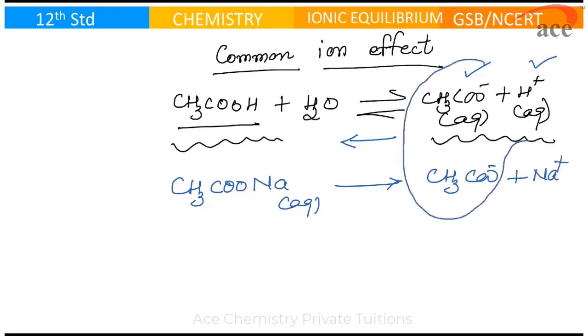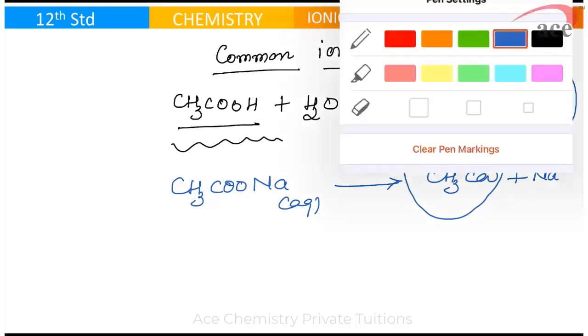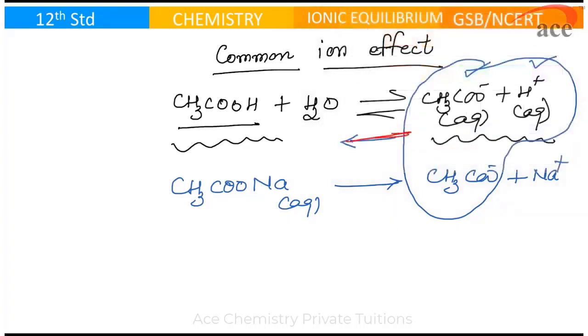That there is common ion of acetate ion, and hence concentration of acetate ion will increase, and this increase in concentration will shift equilibrium in backward direction and give me more undissociated acetic acid. Hence, I can conclude by adding common ion of acetate, we are suppressing dissociation of acetic acid.